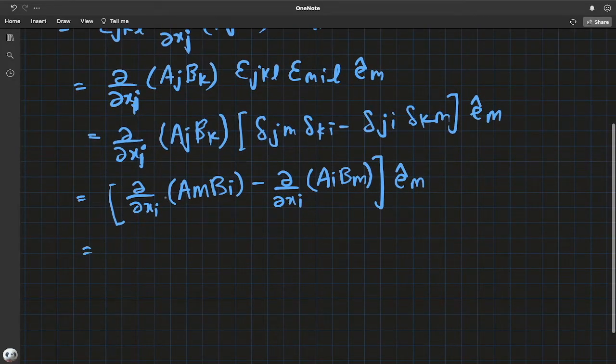And again we can use the product rule, so we get two terms here and two terms here.